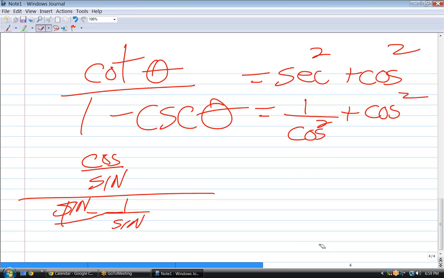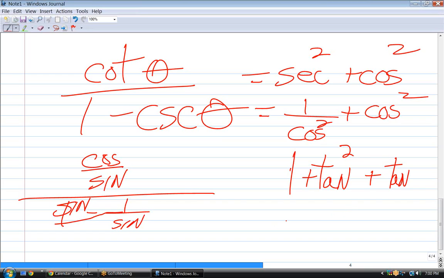Well, I hate to leave you with something unsolved, but that's no problem. I can go talk to my math teacher tomorrow morning. Let me think just a second before I leave you. Secant squared is 1 plus tangent squared. So if I work with the right side, which is certainly permissible, then cosine squared is tangent squared times sine squared, isn't it?